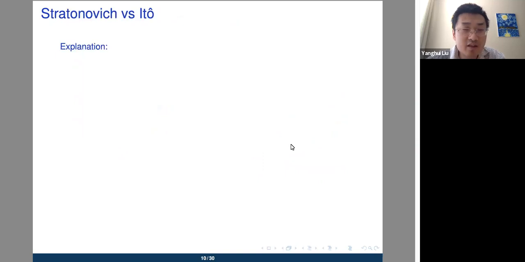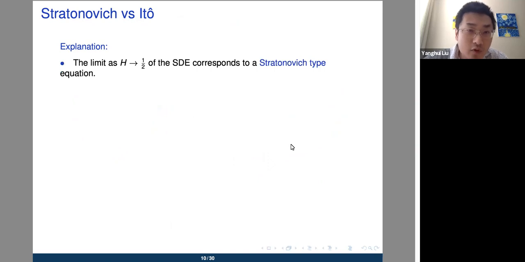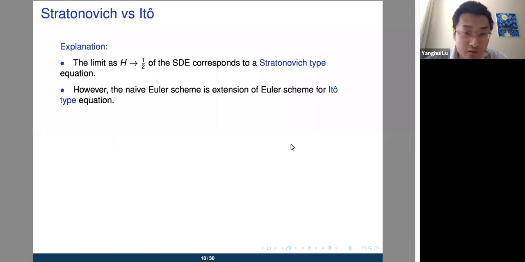So here's our explanation of this behavior. The limit as h approaches 1/2 of the SDE corresponds to a Stratonovich type equation. On the other hand, the naive Euler scheme, the Euler scheme we just defined, is the extension of the Euler scheme for an Ito type equation.